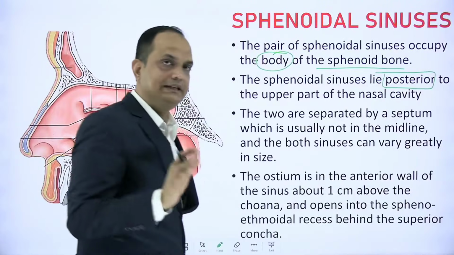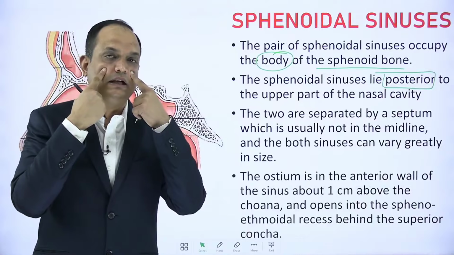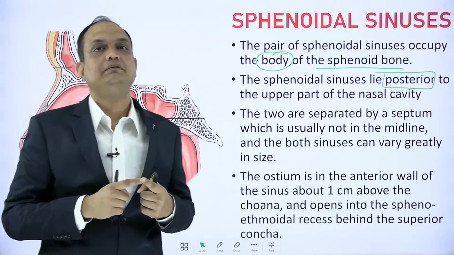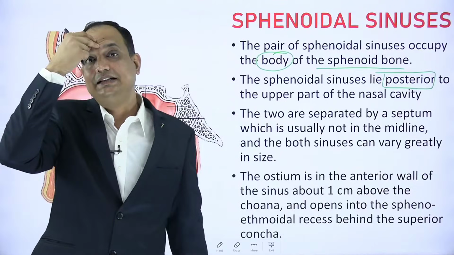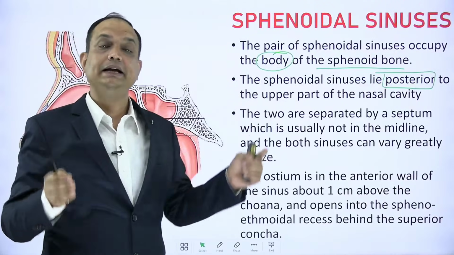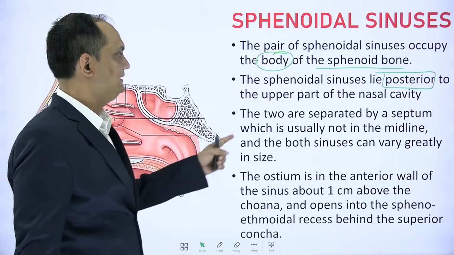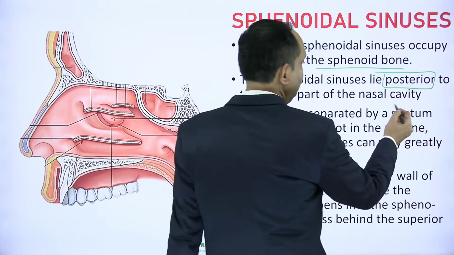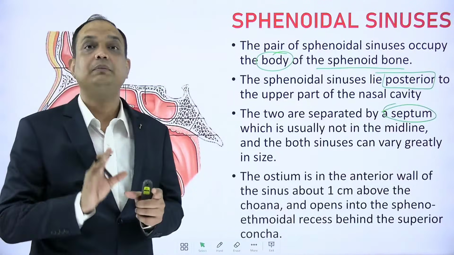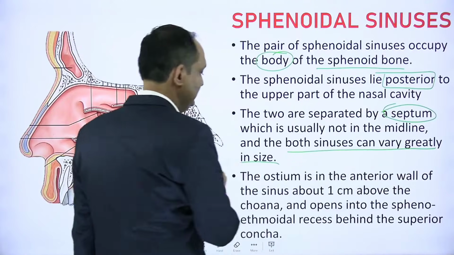When you see the location of all these four sinuses, we have seen the maxillary sinus on the lateral wall of the nose, the ethmoidal sinus again in the upper part of the lateral wall of the nose, the frontal sinus in the anterior part of the superior region, and the sphenoidal sinus again in the superior region but in the posterior part. The two sinuses are separated by a septum, and whenever a septum divides the sinus, both sinuses become unequal in size. That's why both sinuses can vary in size.